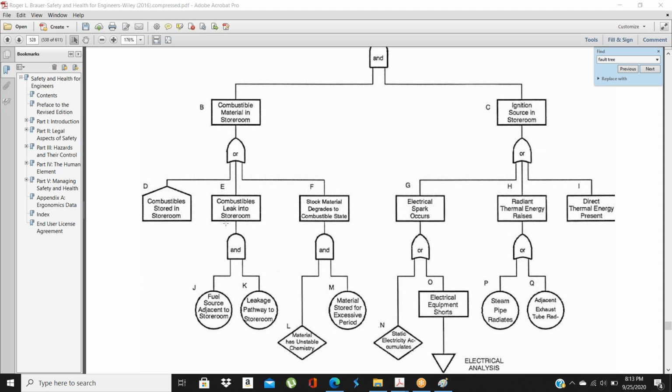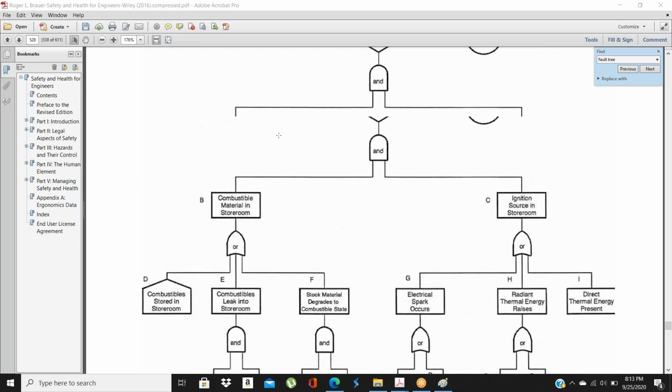After the event and before the event, it should be the same. So for F, E, and D, if either of these events occurs, the combustible material will be available there.